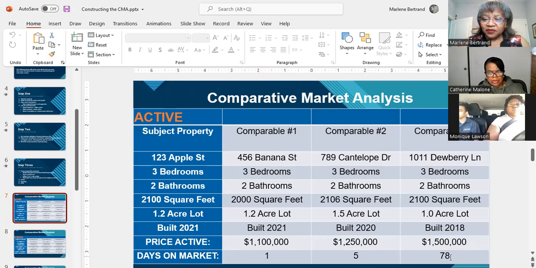So it's been on the market for 78 days, but look at how distant the pricing is. So you can see, 1.1 just came on the market, but 1.5 is just staying on the market. So you can see that one's probably way overpriced because it's still on the market.